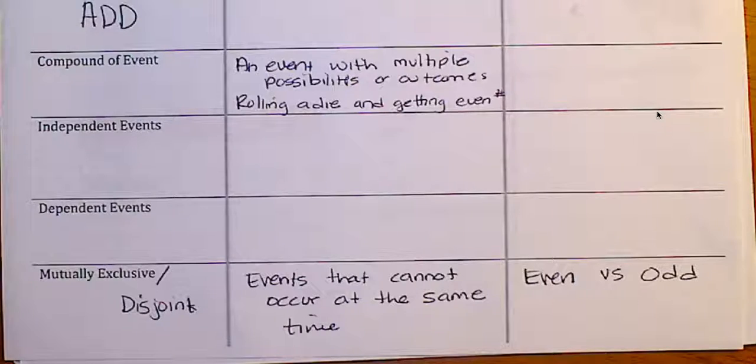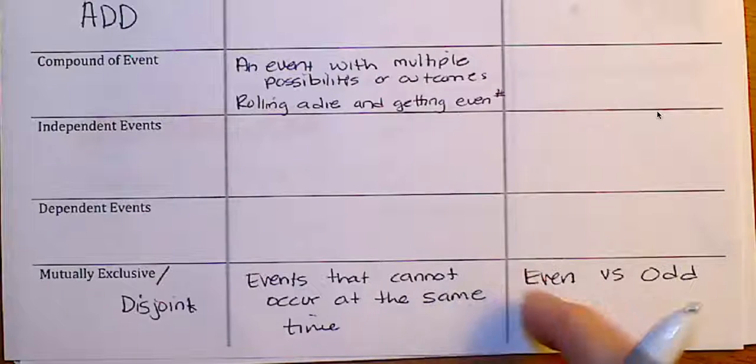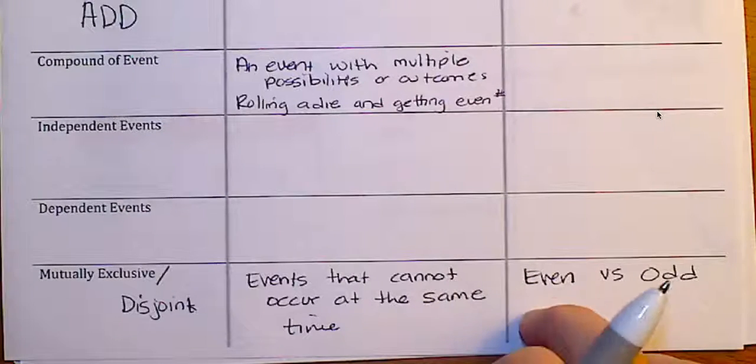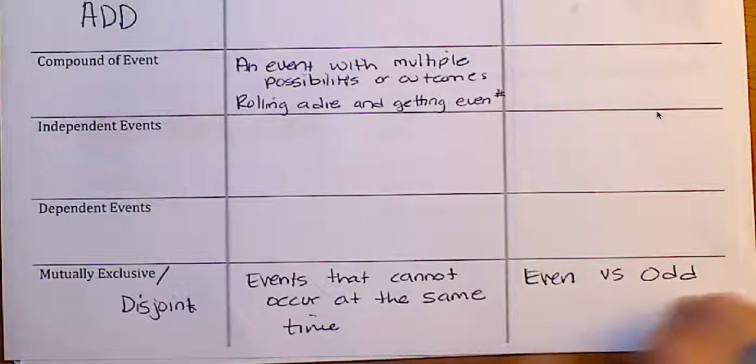You can't be even and odd at the same time. However, I guess if you consider 0, but most people consider 0 as an even number. So another one might be, at this moment in time, you can't be in Perrysburg and Michigan at the same time. Those are mutually exclusive.